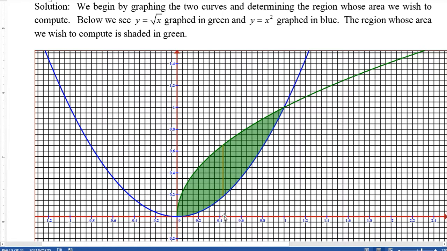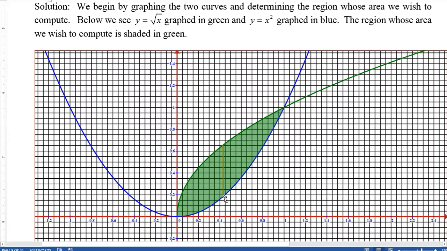So for whatever x is for that point, the top is the square root of that x sub k, minus the bottom, x sub k squared, and that gives us the height of that little rectangle. Notice we don't draw our rectangle all the way down to the x-axis this time, but just from curve to curve. And that's going to be the height of that rectangle.